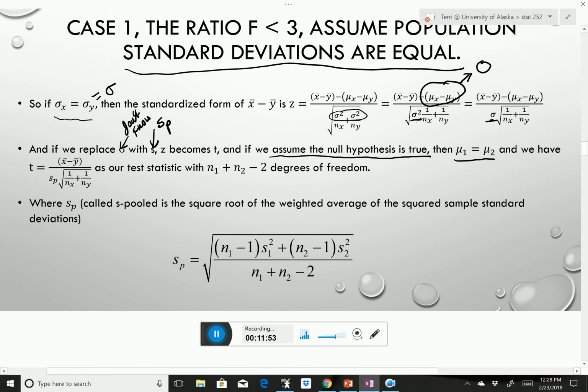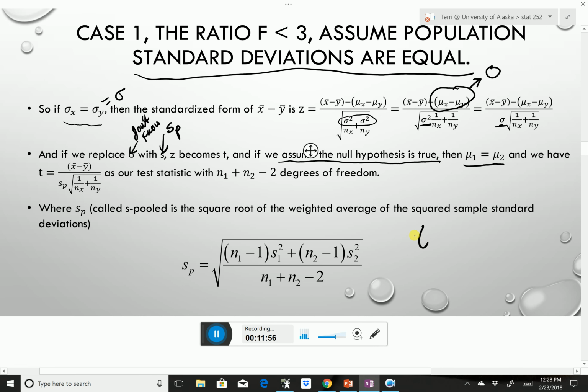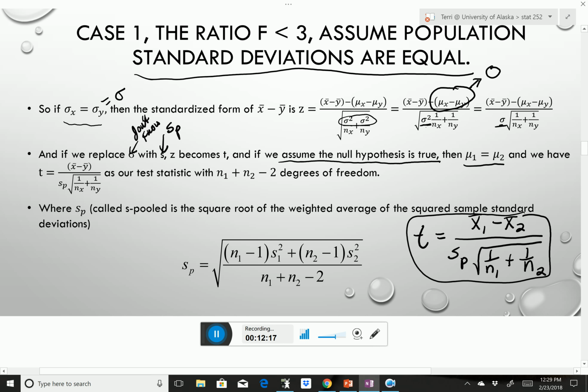Now, a lot of times we'll use 1 and 2, so we'll actually call that x1 bar minus x2 bar divided by S pooled times the square root of 1 over n1 plus 1 over n2. And that's my test statistic, where my S pooled looks like this. And that looks a little bit like a mess. It's not really that hard. It's kind of a weighted average of the squared standard deviations, or the variances.